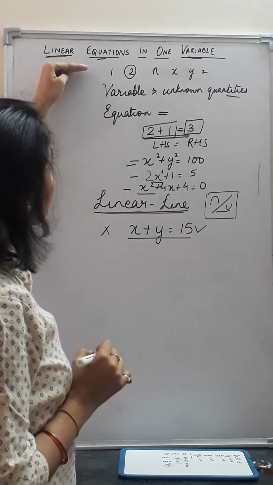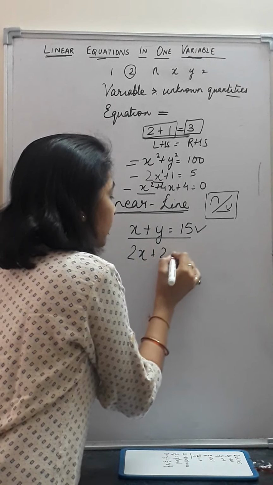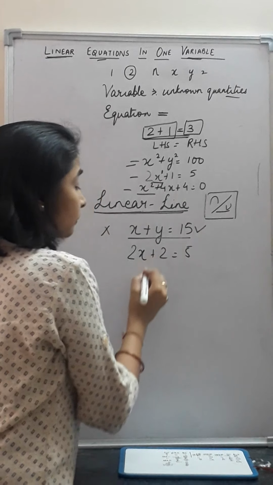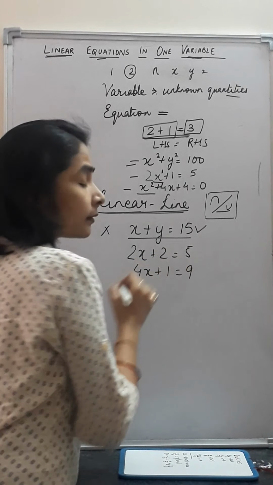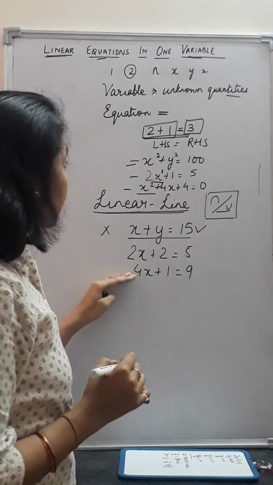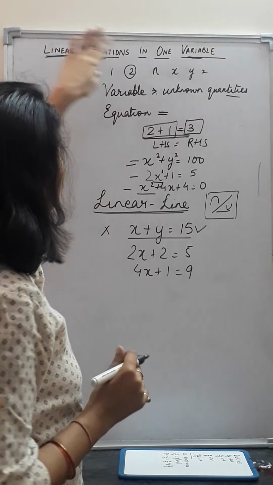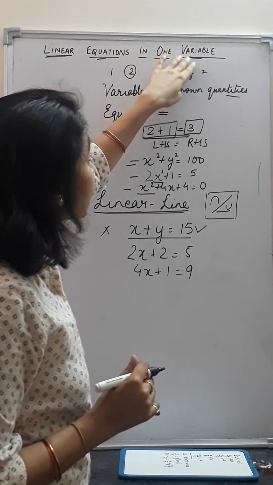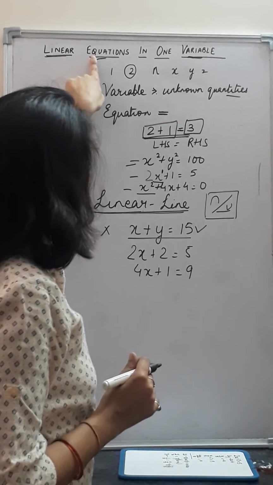We are right now studying linear equation in one variable, so it can be like this: 2x plus 2 is equal to 5, 4x plus 1 is equal to 9, like that. So these are linear equations. Now I hope you understood the concept of linear equation in one variable. What are equations? What are variables? Variables are unknown quantities. Equations are statements of equality.